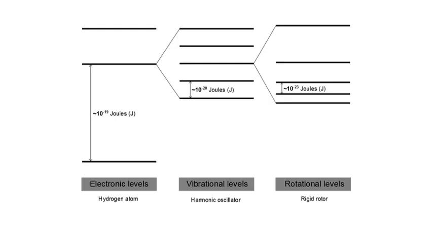Similarly, each vibrational level is associated with some rotational levels. You can see here how the energy difference matters. For electronic, 10 to the minus 19 joule. For vibrational, 10 to the minus 20. And for rotational, 10 to the minus 23. It is continuously decreasing.